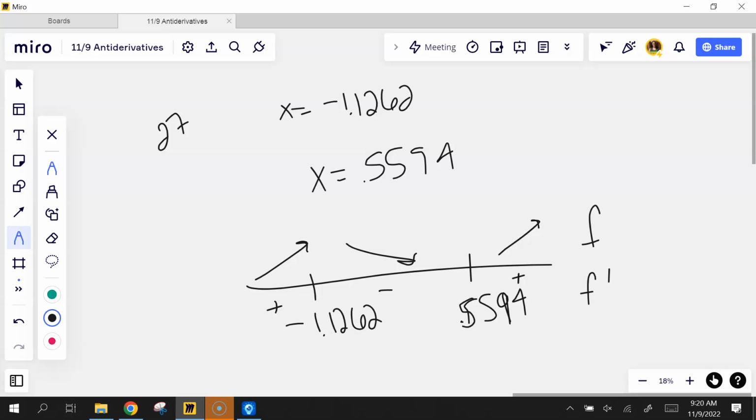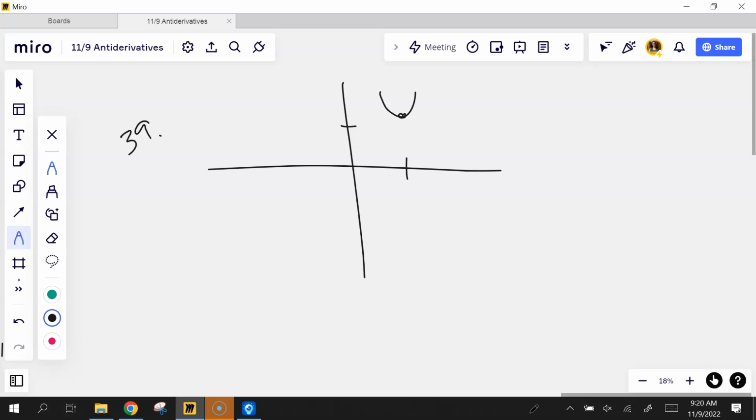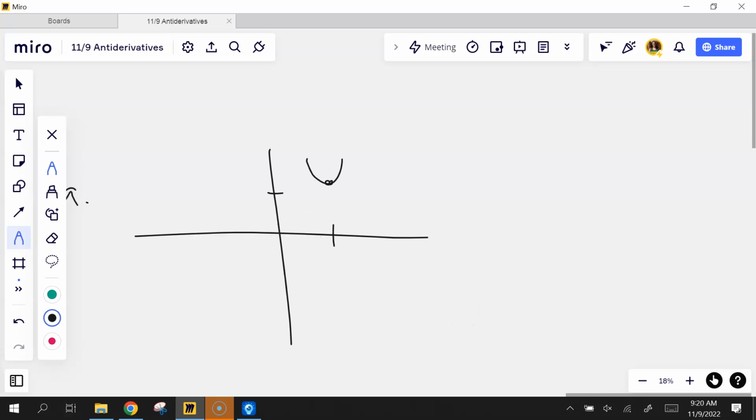Sketch a differentiable function that has the given properties. A local minimum at 1, 1, and a local maximum at 3, 3. I would think that these would just be 1, 1. That's a minimum. So I'm going to be doing something like this here. And then at 3, 3, maximum.